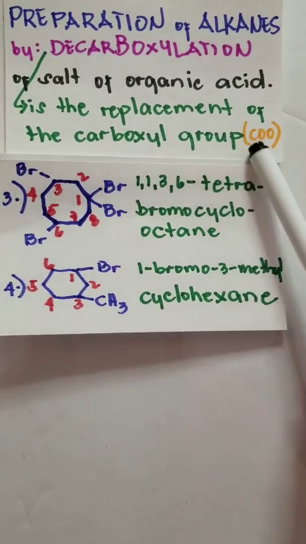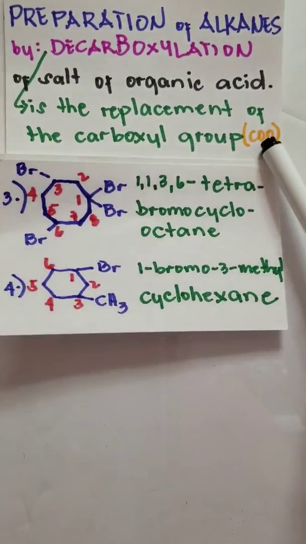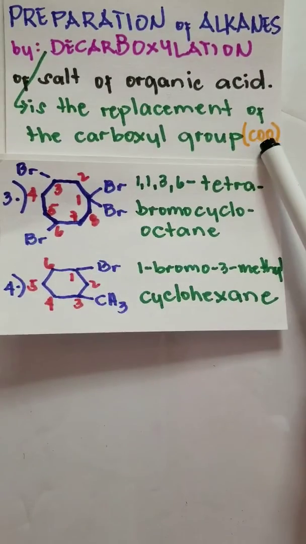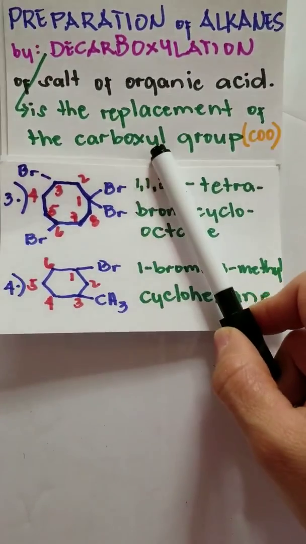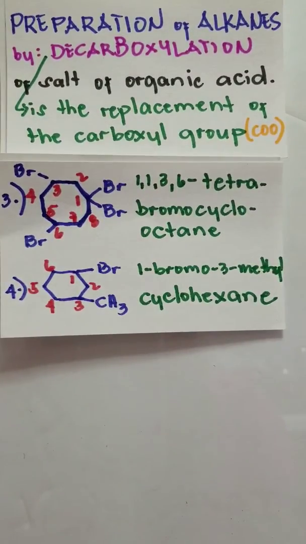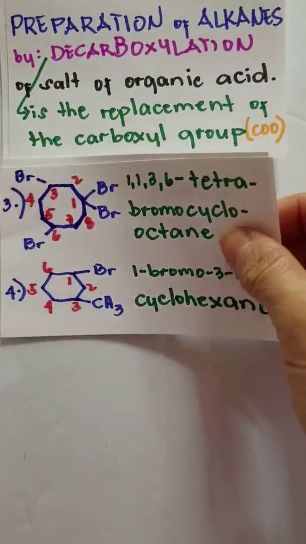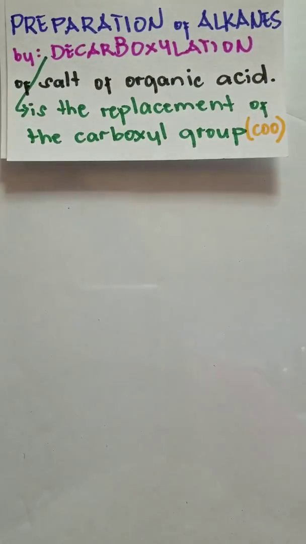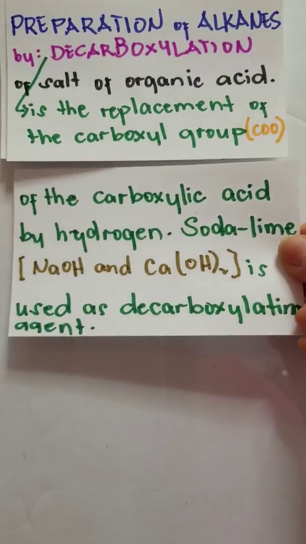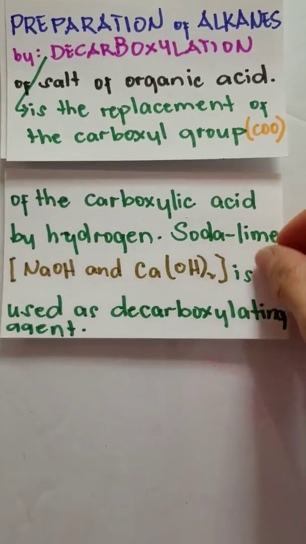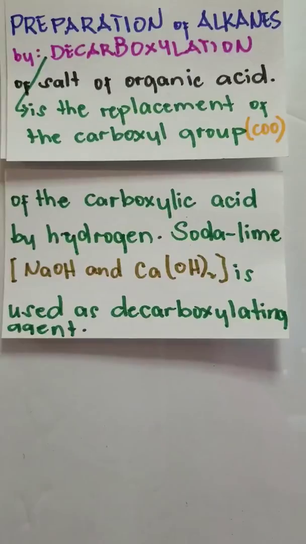If you have hydrogen here, this is a carboxylic acid. Since you don't have the hydrogen, this is a carboxyl group, with a salt of an organic acid. And what is that salt? It is the soda lime. Soda lime is a mixture of sodium hydroxide and calcium hydroxide, being used as the decarboxylating agent, your catalyst.